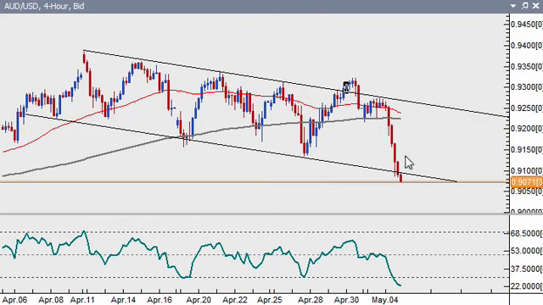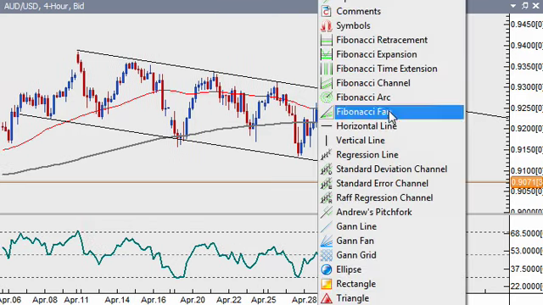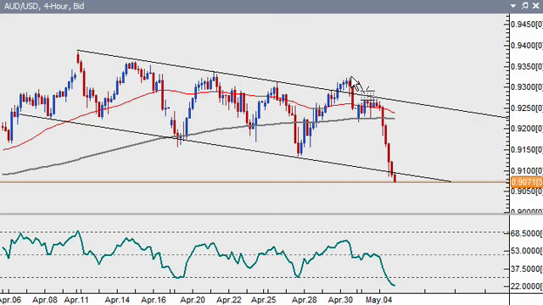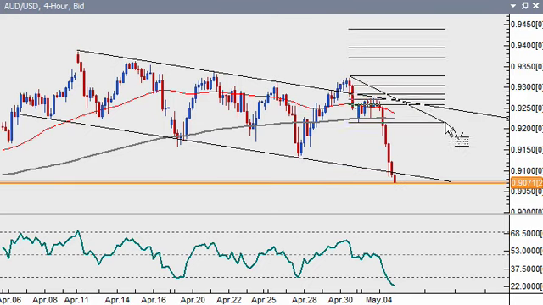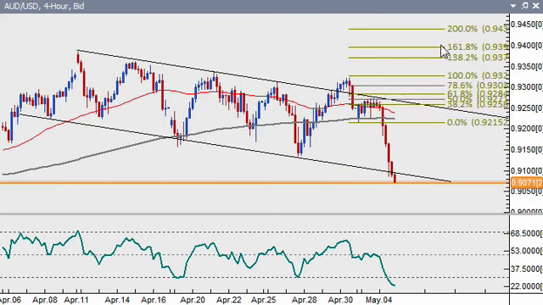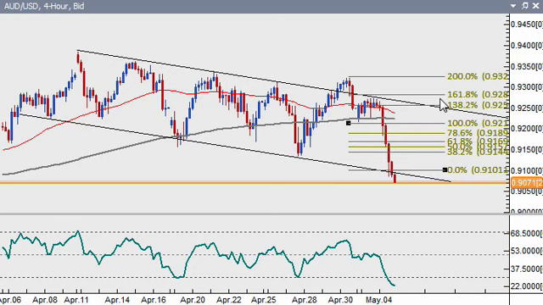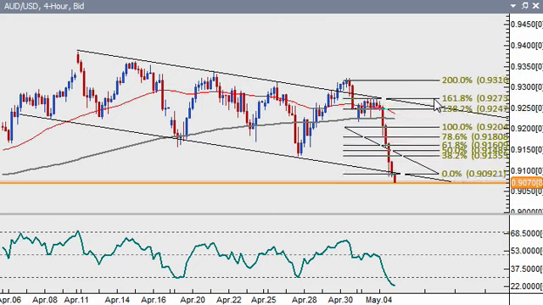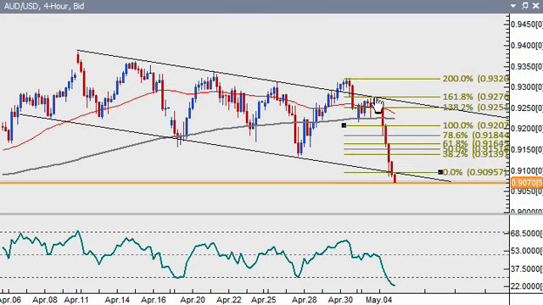Instead, it came back down, and this is now more than 161.8%. You see, this is 100%, and if we move this down here, put the 161.8 to this next high, this projects the 161.8% to 0.91.